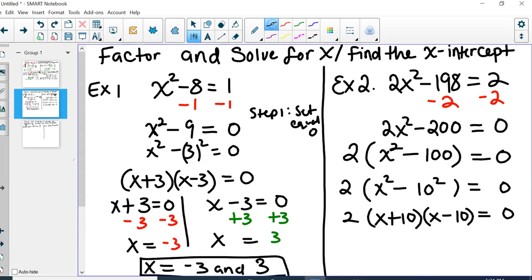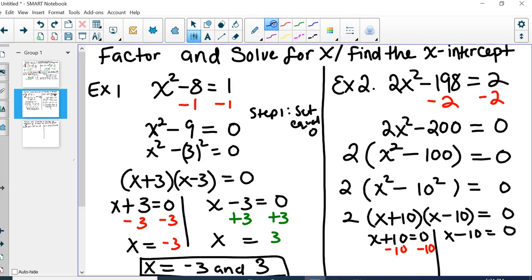Let's solve for x. There are only two cases: either x plus 10 has to be 0 or x minus 10 has to be 0, or both are 0. So that's why I need to solve for it. I'll solve x plus 10 equals 0 and x minus 10 equals 0. The opposite of plus is minus, so I'm going to subtract 10 from both sides.